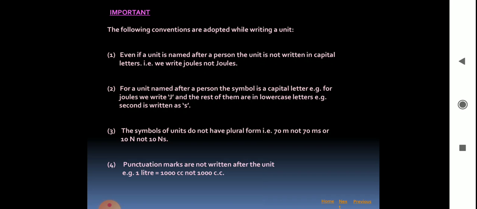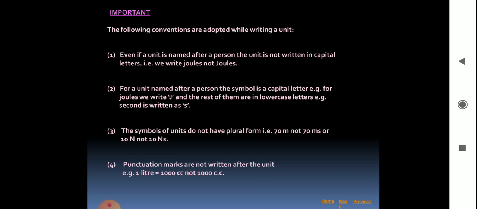The third one: the symbols of units do not have a plural form, that is 70 meter, not 70 meters. Or we can say 10 newton, not 10 newtons. So the symbols of units do not have any plural form.